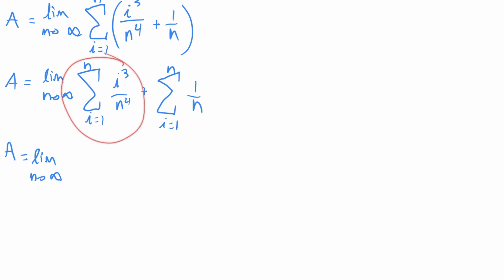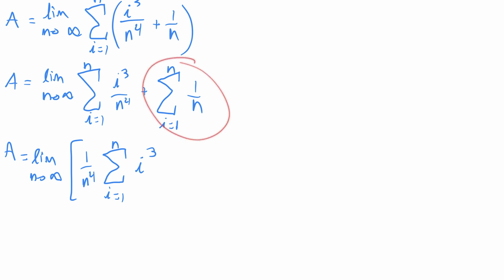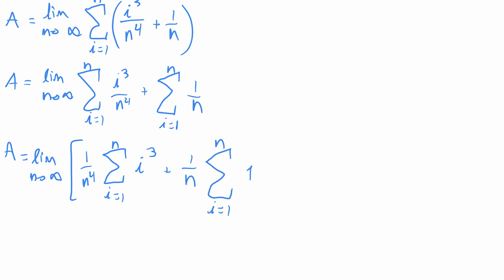So for the first sum, I'm going to move 1 over n to the 4 in front. And for the second sum, I'm going to move that whole factor of 1 over n in front, leaving me with just a 1. And now I'm going to rely on your understanding of some basic summation rules. You have to know what the sum from i equals 1 to n of i cubed is. That's just a general formula you have to remember.